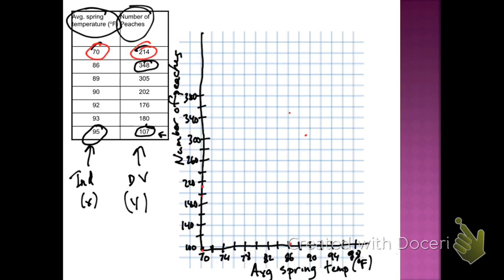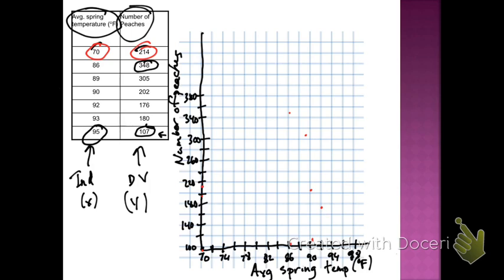90 and 202, so 90 is here, 202, and then 92 is 176, 93 is here, I believe, right? So 93 and 180 is here.